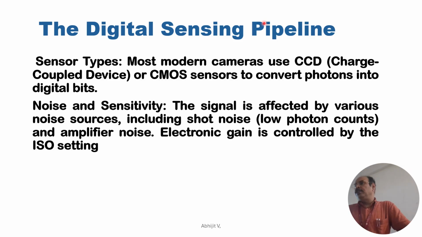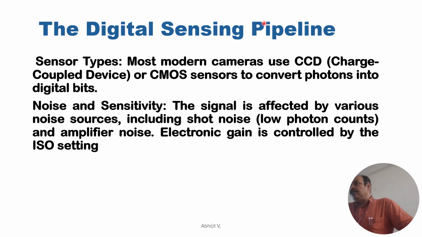We have photonic sensors like CMOS and charge coupled devices, which digitize your image. Whenever light falls on the device, it is recorded, so it converts photons into digital bits.